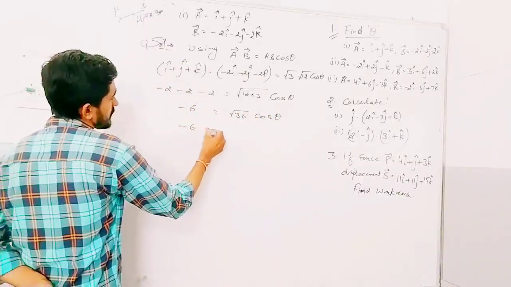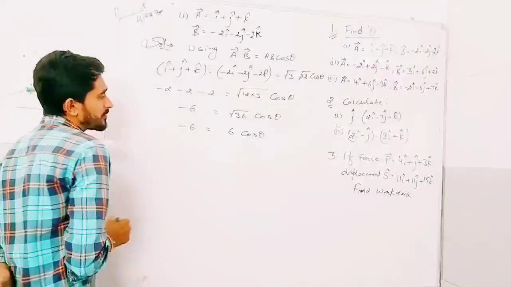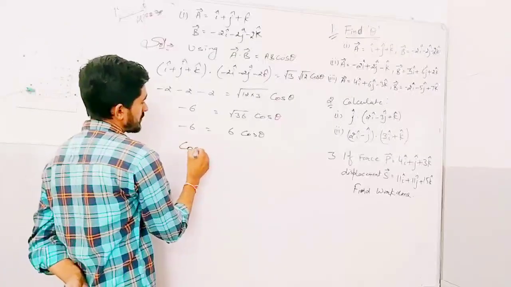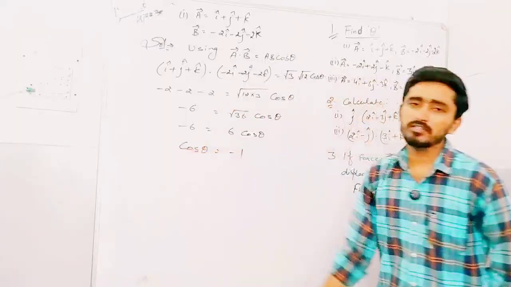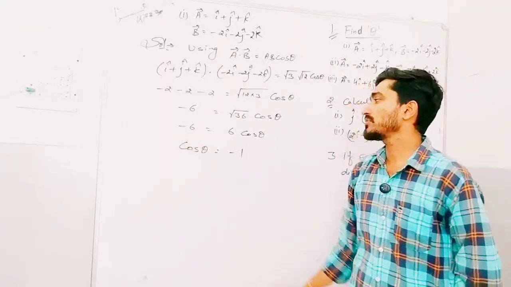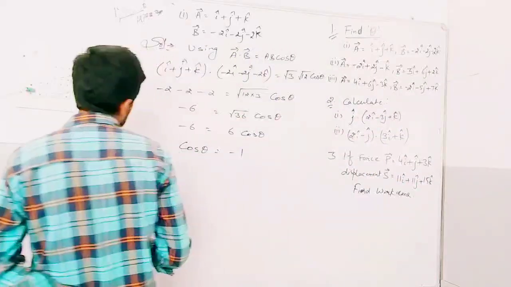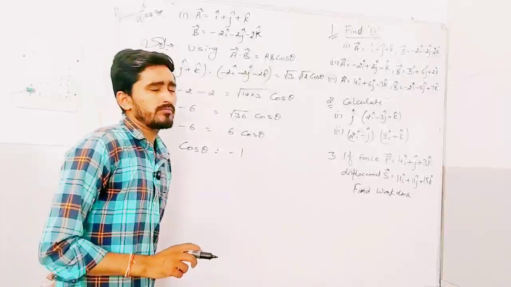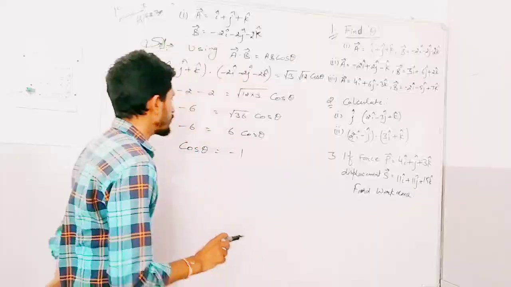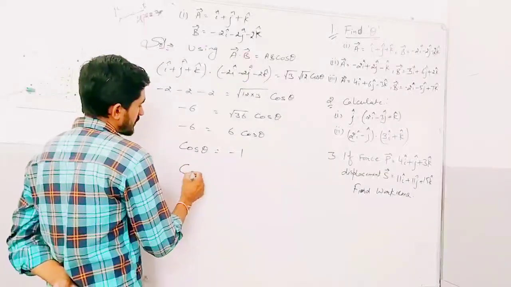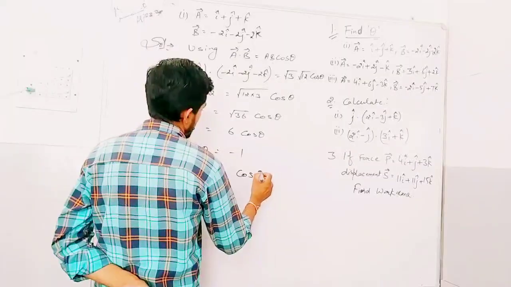This is 6 cos theta, and after dividing both sides by 6, we get cos theta equals minus 1. We know that cos 180 is minus 1, so cos theta equals cos pi.